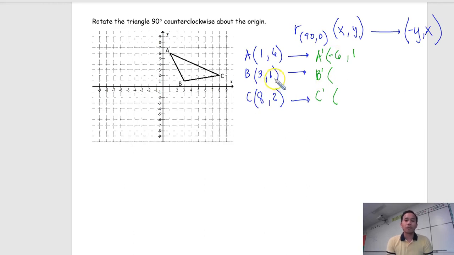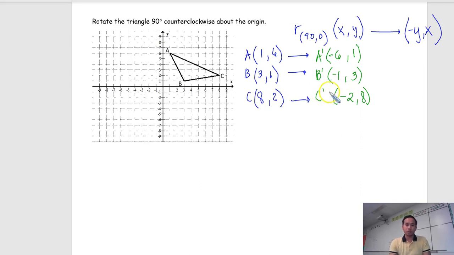And then we have the new x will be the opposite of the y. We have negative 1, and then we have your x is 3, sorry, that's 3. And then we also have your C that will become negative 2 and 8. Again, I get the opposite of the value of y because this is positive.